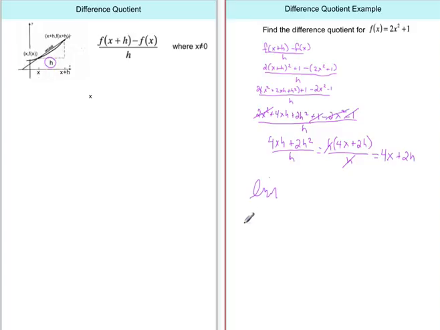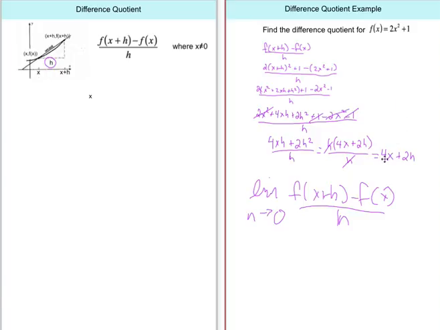As the limit as h goes to 0 of the difference quotient, f of x plus h minus f of x all over h. So when I look at this quantity, as h goes to 0, what I'm going to come up with is the slope of my tangent line.